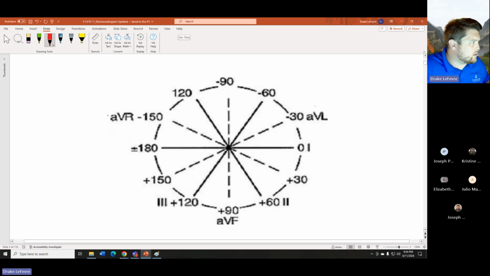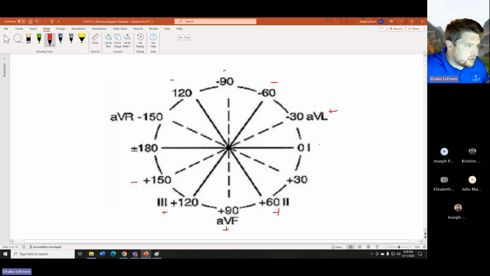So this doesn't quite show all the details I want. This is the positive direction. AVF, that's the negative direction. This is the positive direction. That's the negative direction. I'm pretty sure this is the positive direction. That's the negative direction. This is the positive direction.